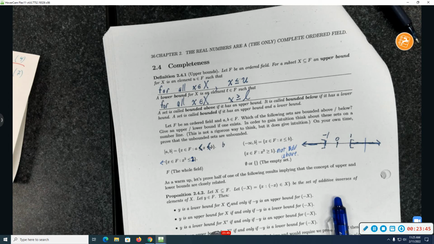So on the one hand, because Q is in this set, what do I know about Q? Is it that Q is equal to x? So Q is one of these x's. The way to read this, Q is an element of this set, means this statement must be true about Q. So I know that Q is bigger than 4 and Q squared is less than 2.